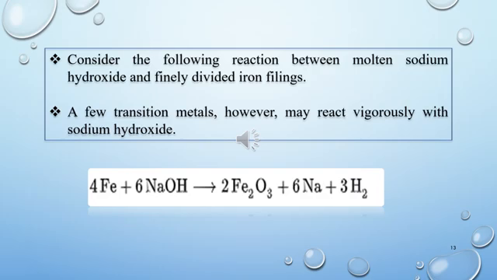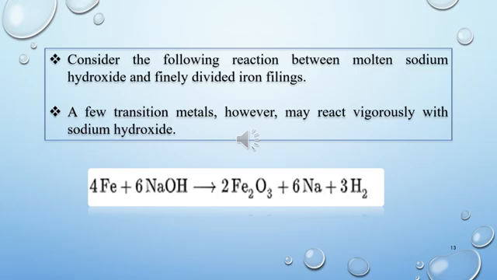So, dear students, in the reaction of sodium hydroxide with metal and metal oxides, we have discussed that sodium hydroxide will damage the glassware, and that sodium hydroxide will not react with iron at room temperature. And then we have said that sodium hydroxide will react with iron above 500 degrees centigrade and will form iron 3 oxide.